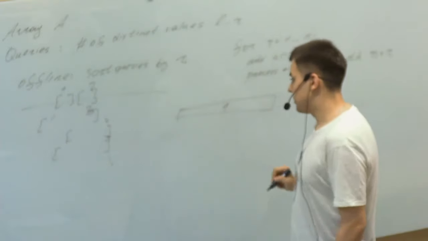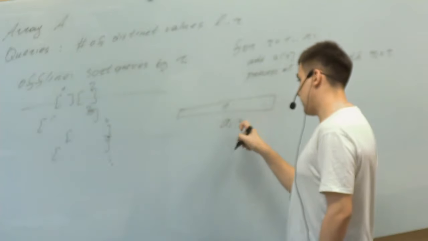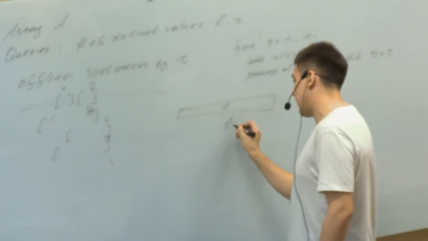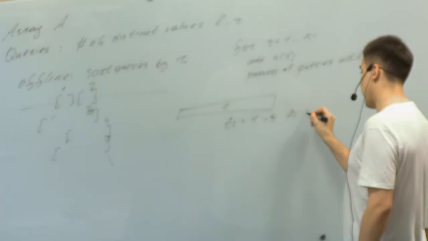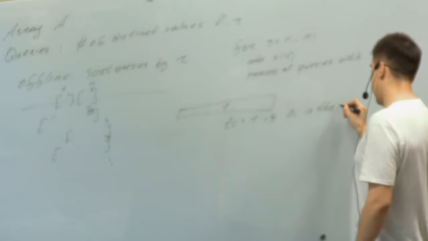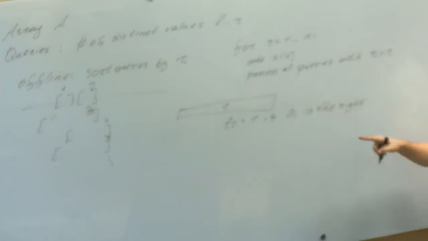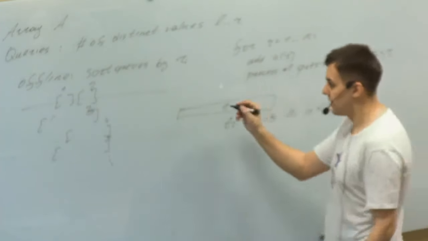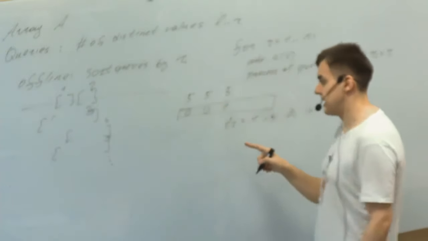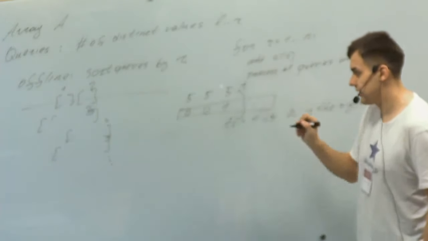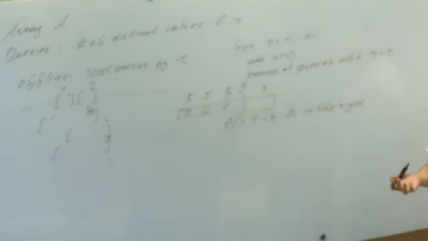And there is a 1 if, so T_I is equal to 1 if A_I is the rightmost occurrence of this value. So if we have some number of 5s here, and this is our current border R, maybe there are some 5s after this right border, but we don't care.